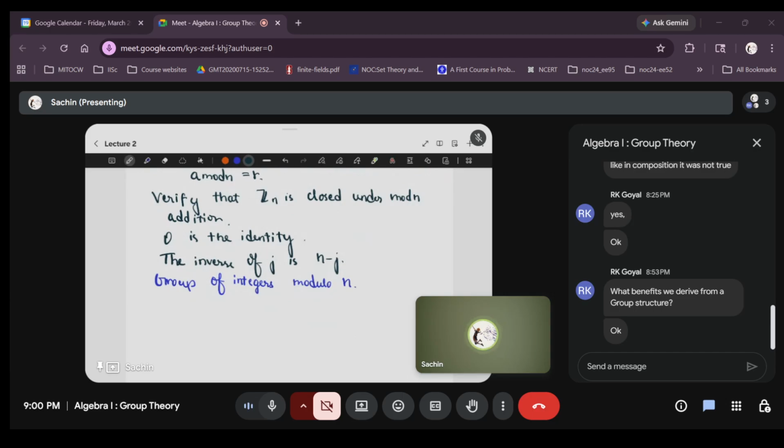And then if there is extra time, we'll do some problems, or if there is no time left tomorrow, we'll do problems next week. Is that all right?